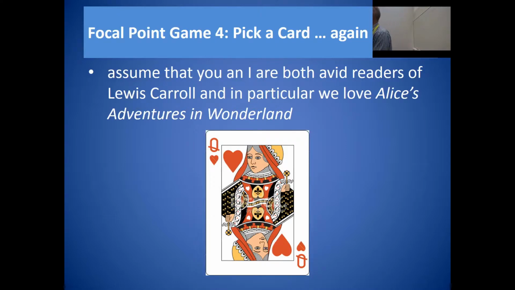We're not saying definitively, absolutely it's guaranteed, but it just makes certain outcomes more likely. Hence, in this particular game, the Queen of Hearts would be a focal point, a certain Nash equilibrium that's more likely.